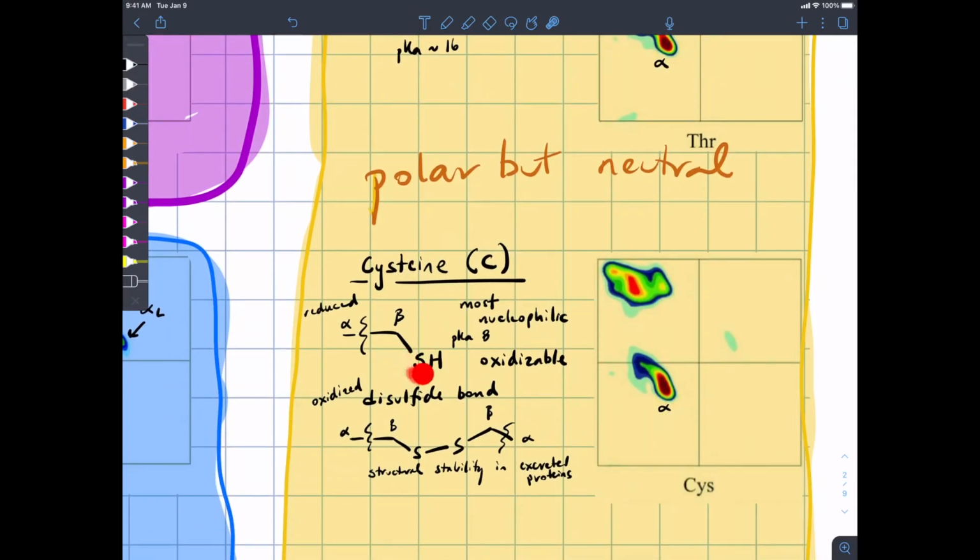Cysteine is the sulfur version of serine, and cysteine is weird because the sulfur can do oxidation chemistry. The sulfur is also a really good nucleophile, so you'll often find cysteines in enzyme active sites. There's a whole class of proteases called cysteine proteases, and they're using the nucleophilic cysteine side chain.